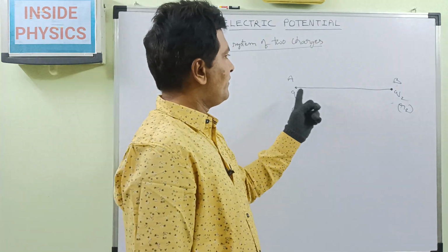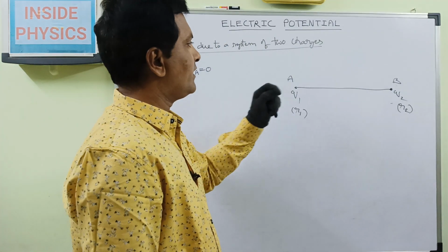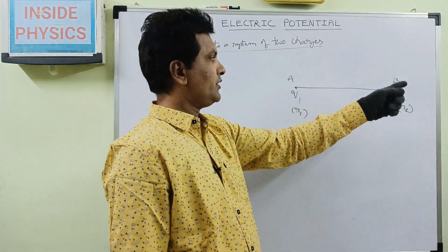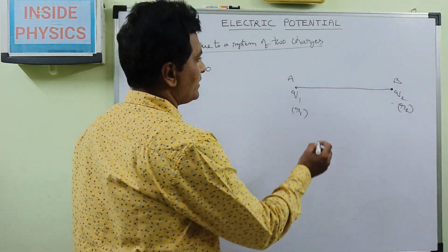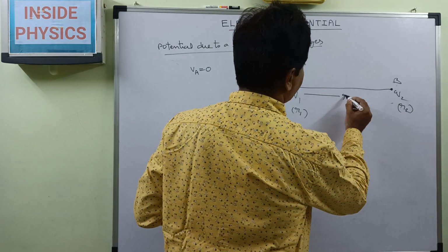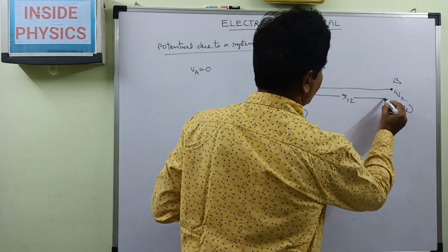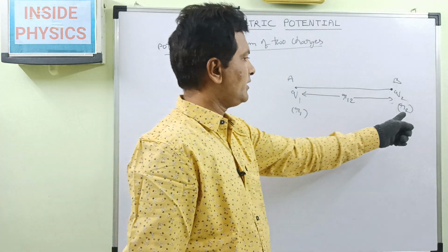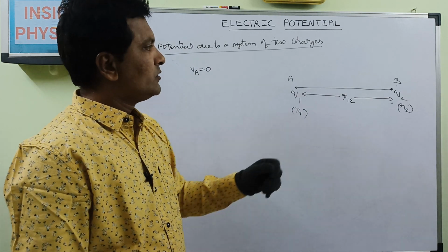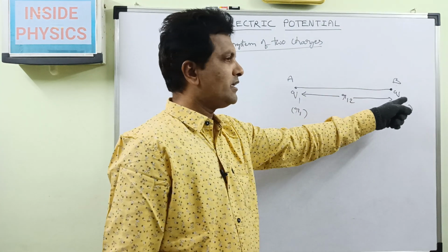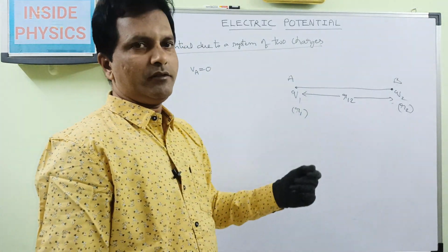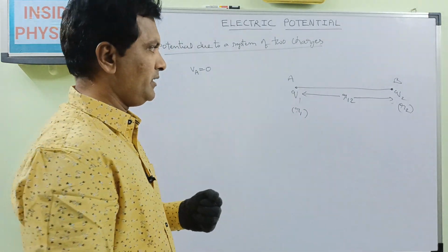And when the charge is placed here, after that we will bring this q2 charge from infinity to this place, and the distance between them we can represent as r12, because the coordinates are r1 and r2. So here the potential at the point to which we bring q2 will be VB.